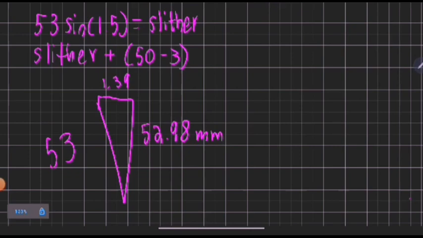Using some basic trigonometry, we know that this angle right here is 1.5 degrees. So 53 times the sine of that angle will get us 1.39. Now 53 is the hypotenuse, 1.39 is this base, and so we can then deduce that this length is 52.98 millimeters.